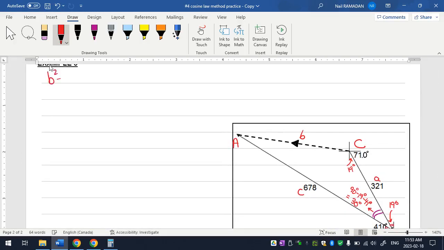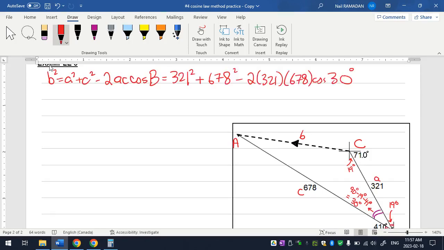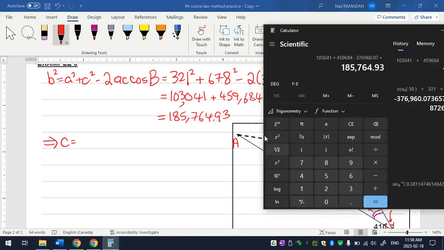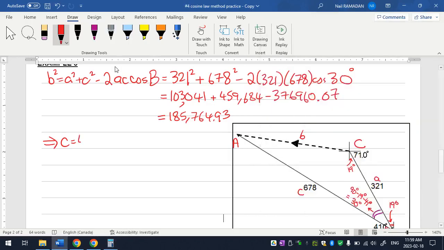So B squared equals A squared plus C squared minus 2AC cosine of B. So the square root is 431. And so that is right there, right here.